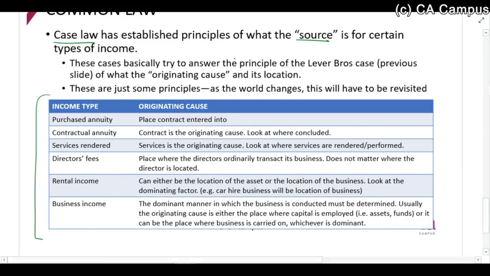Okay, now guys, what is important about this, these are just some examples from case law. These are most of the time quite common, but whenever you see a question and Section 9 does not apply and you have to apply the common law, it is by its nature very tricky, especially nowadays in our modern times.